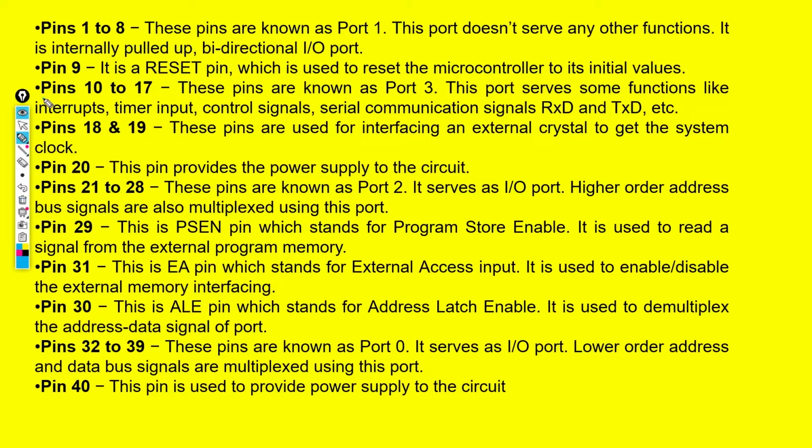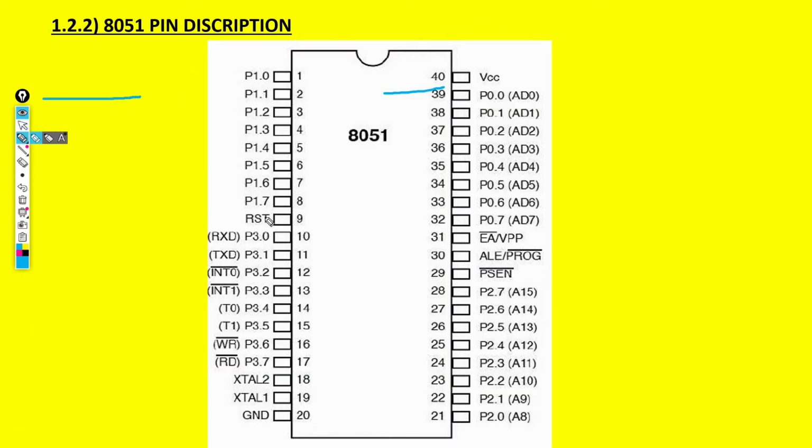Pin 10 to pin 17 are port 3. As you can see, this is not a normal input output port like P1, because it has various other tasks. It has tasks such as transmission of data and receiving data.